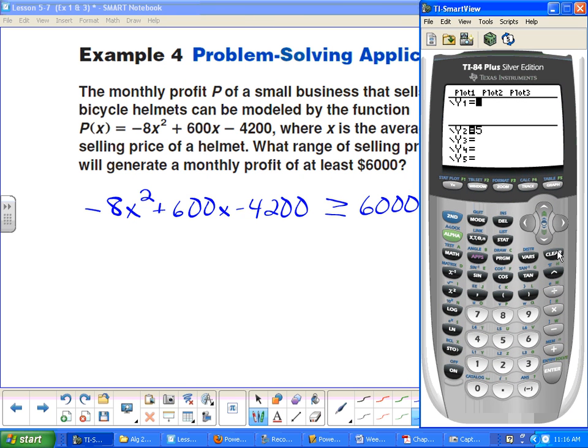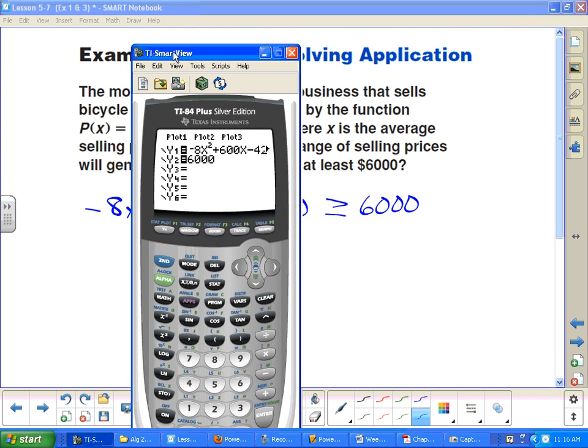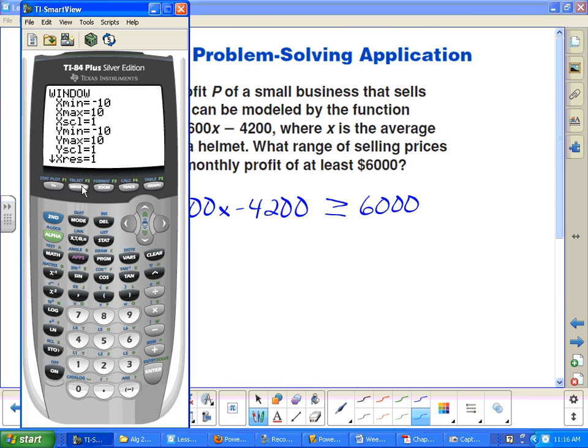So on y1, and then put 6,000 in y2. Okay, so we need to make our window appropriate for this graph. So what's the first thing we need to change?